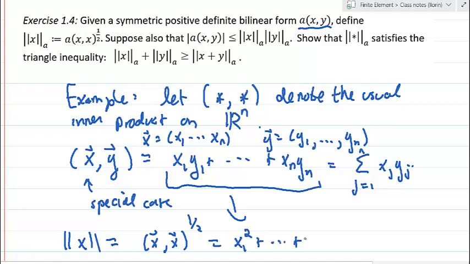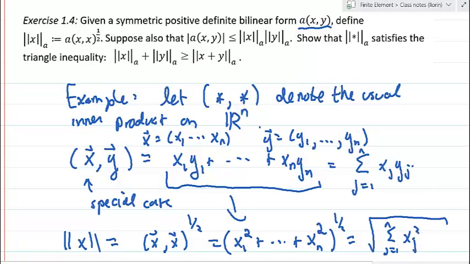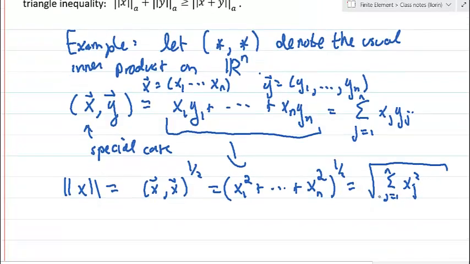And I'll have n terms. The last term is xn squared. And then I take the square root of this. So I can write this as the square root of the sum j equals 1 to n of xj squared. Now I hope you can recognize this as the usual Pythagorean or Euclidean norm.